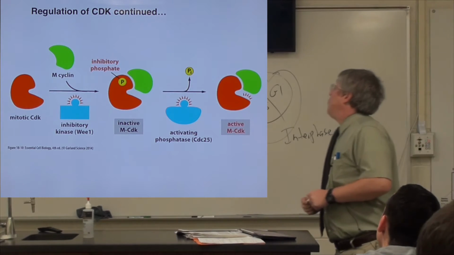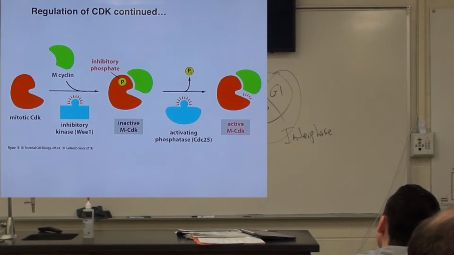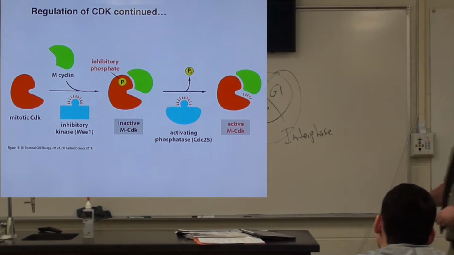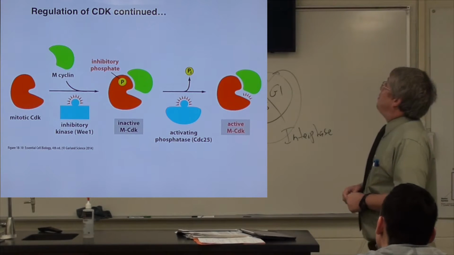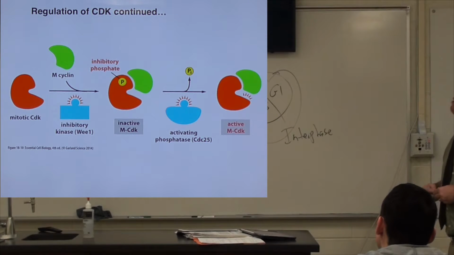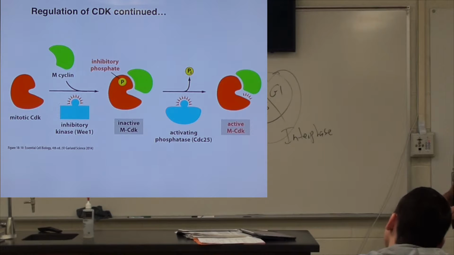All right, so more complexity here. In order to have your CDK active, it's necessary to be complexed to the cyclin, but that's not sufficient. You all know the thing about being necessary and not sufficient. There's more to it than just that. You must have the cyclin on there. There's also an inhibitory phosphate that gets stuck onto the CDK, which inhibits it, and that has to be removed first.